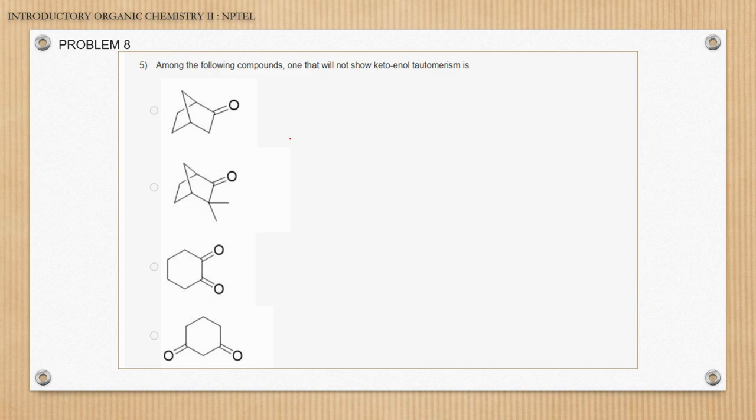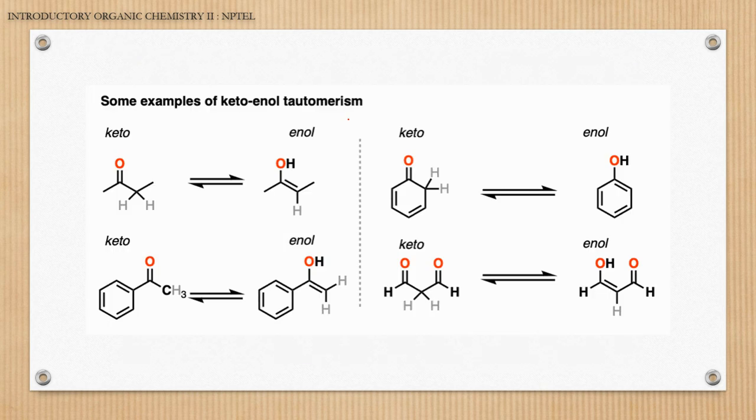Among the following compounds, which one will not show keto-enol tautomerism? So you have to answer which of these compounds will not show keto-enol tautomerism. So now you need to know what keto-enol tautomerism is. See, keto-enol tautomerism arises when you have an alpha proton present.